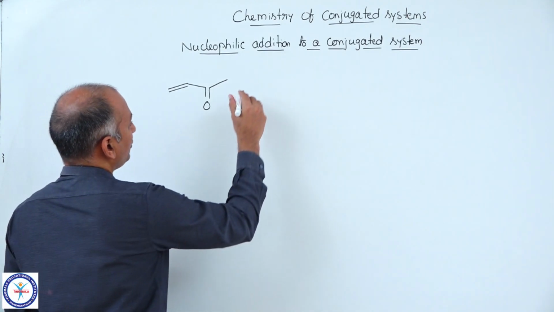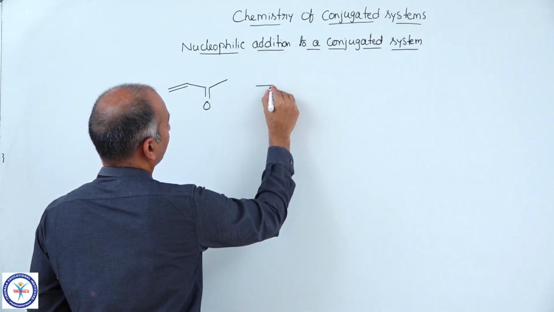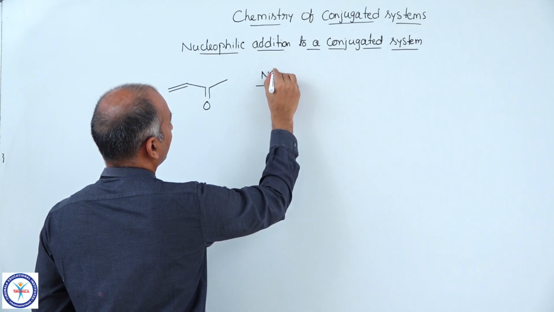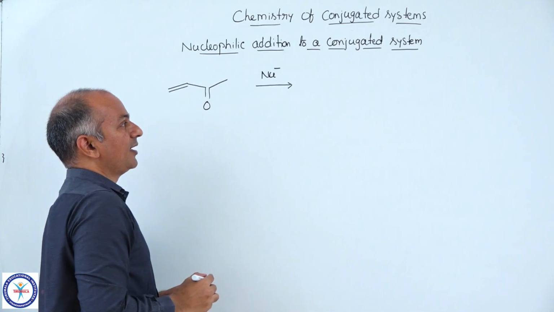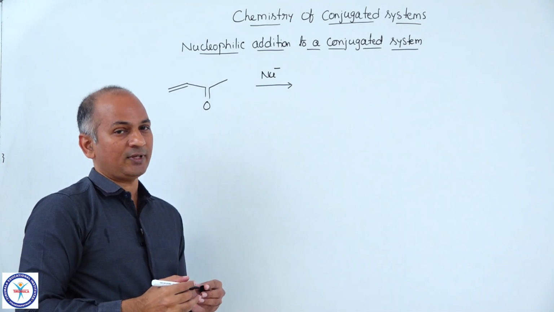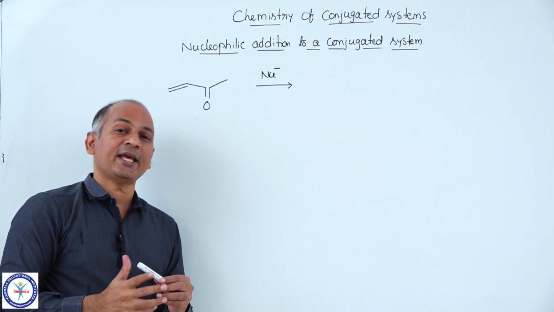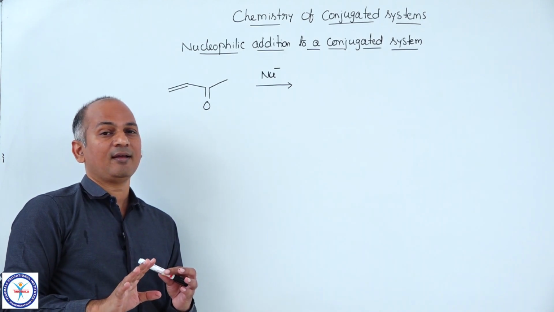Now, I am adding a nucleophile to this one. And let me write down Nu minus, which stands for a nucleophile. OH minus, RO minus, CN minus, R minus, H minus, anything. Okay.